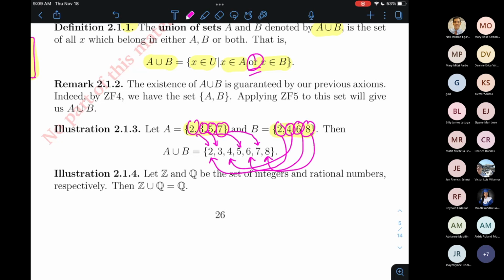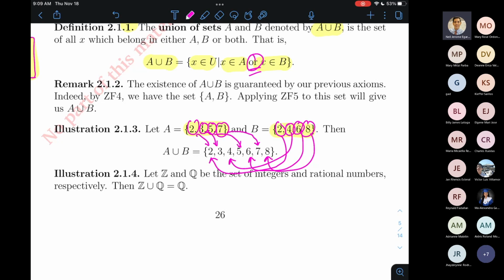Okay? So yun yung konsepto ng pagiging union. And the more interesting sets to take the union of ay yung mga infinite sets. Pero kahit infinitely many yung laman nila, kaya pa rin nating i-qualify kung ano yung itsura ng union nila.